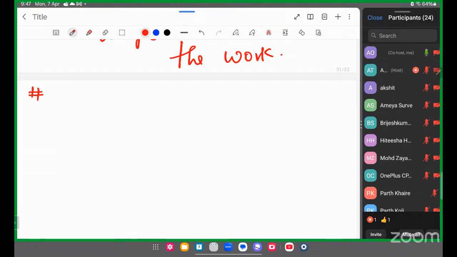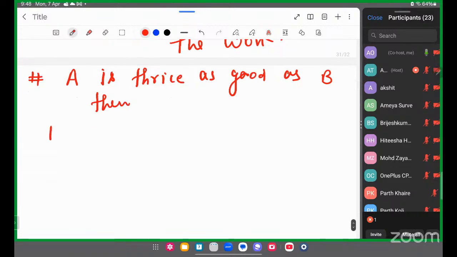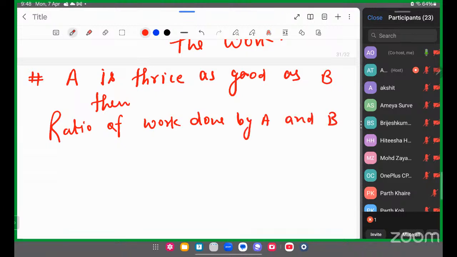Let's say we have two workers, A and B, and worker A is far more efficient than worker B, which means worker A can complete the same work in fewer days as compared to B. For example, A is thrice as good as B. Then the ratio of work done by A and B will be 3:1 because A is 3 times more efficient than B.